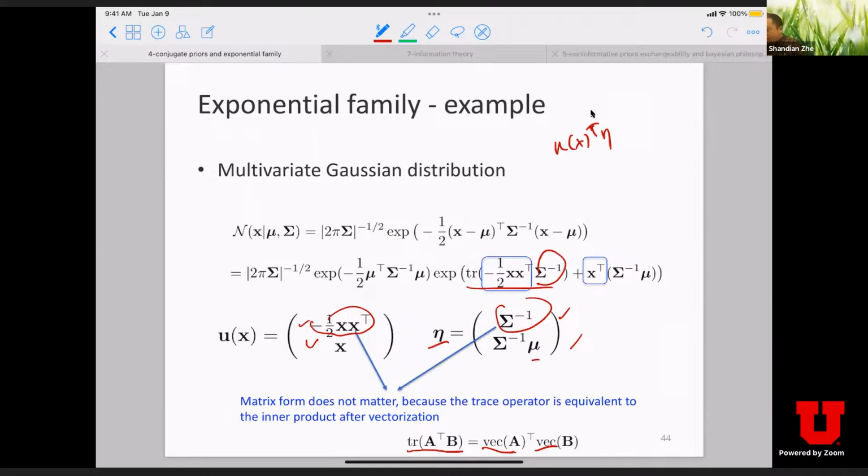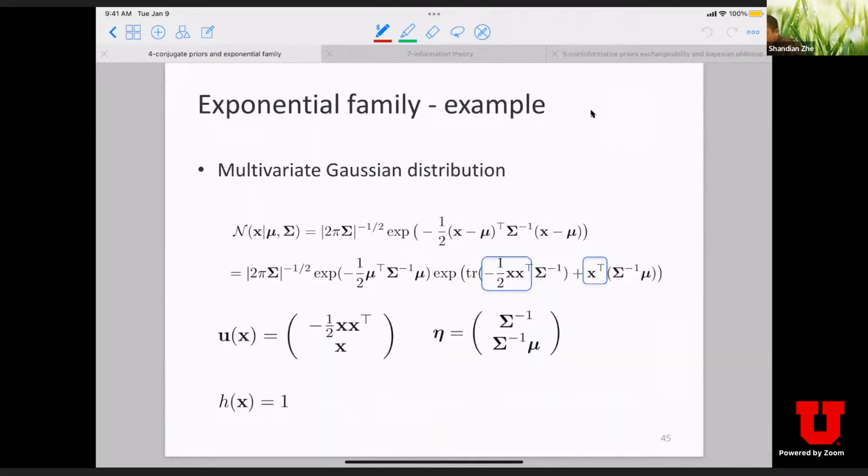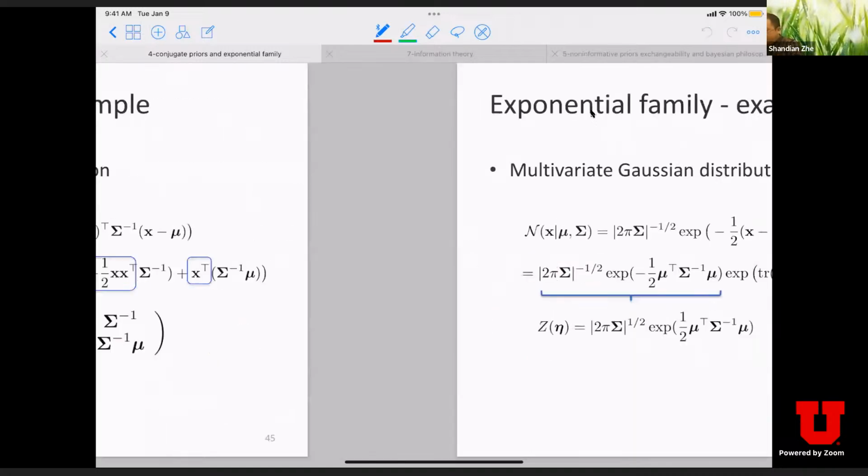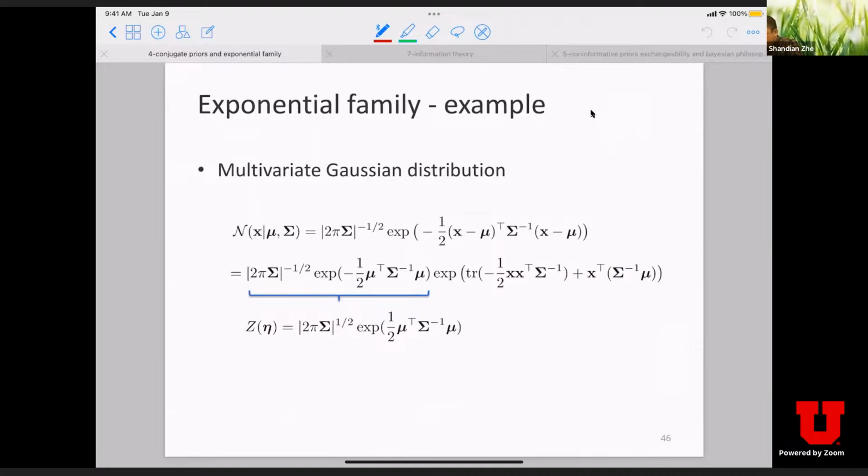So now we know that we got our sufficient statistic U of X, which includes X itself and a quadratic transformation of X, and eta. The remaining terms are related to the normalizer. And again, h of X is simply 1. So Z of eta will be the inverse of this.